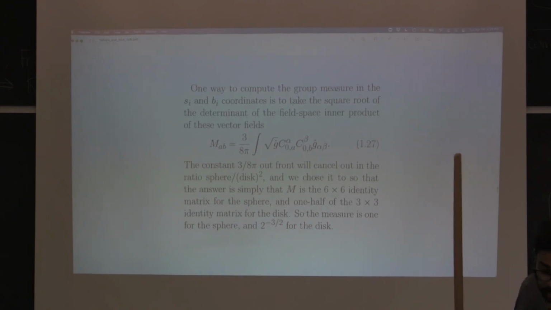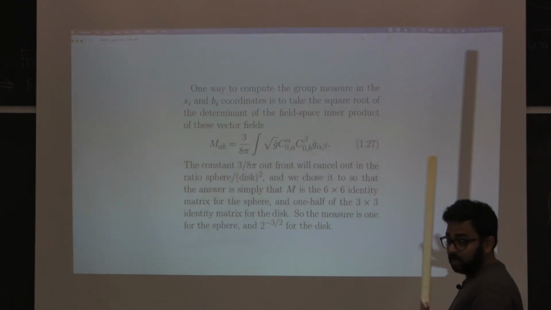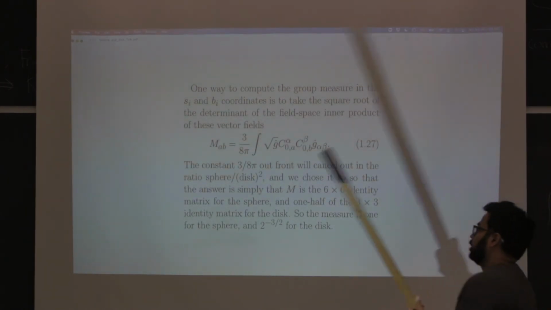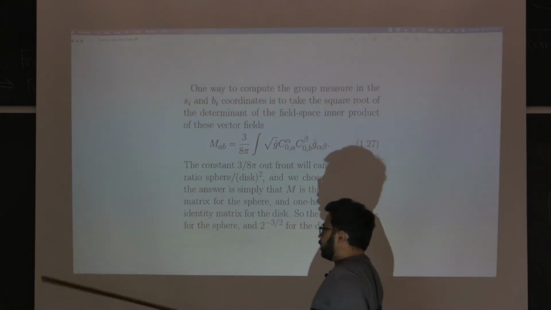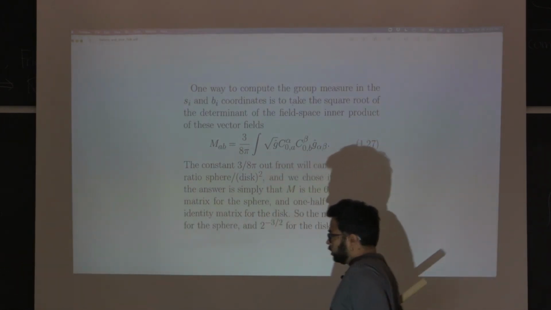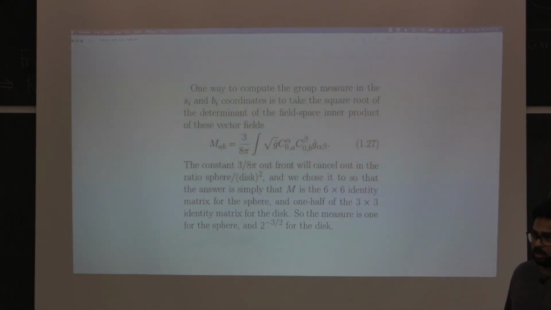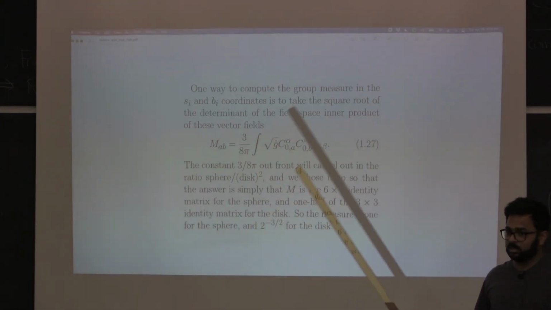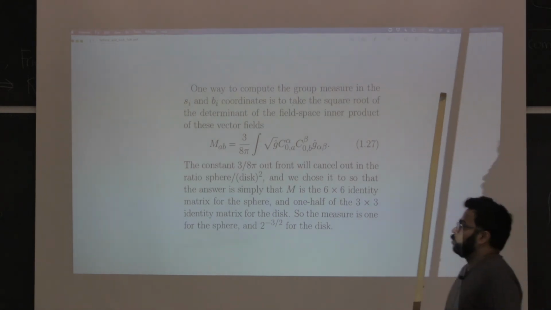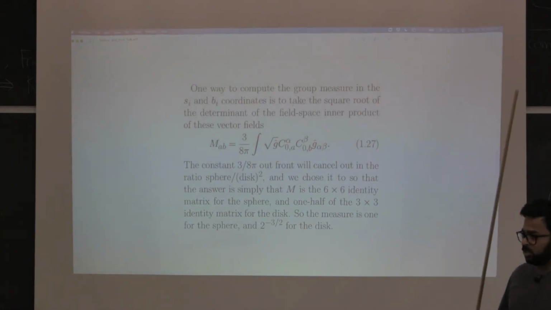Okay, so again, one of these measures comes in. And here it's important because we are going to take this PSL2C, which is also a group that has a Haar measure on it. But Haar measures never come with a natural normalization. I can just multiply it by 1,000 and it's still a Haar measure. So what do I mean by the volume of SL2C?